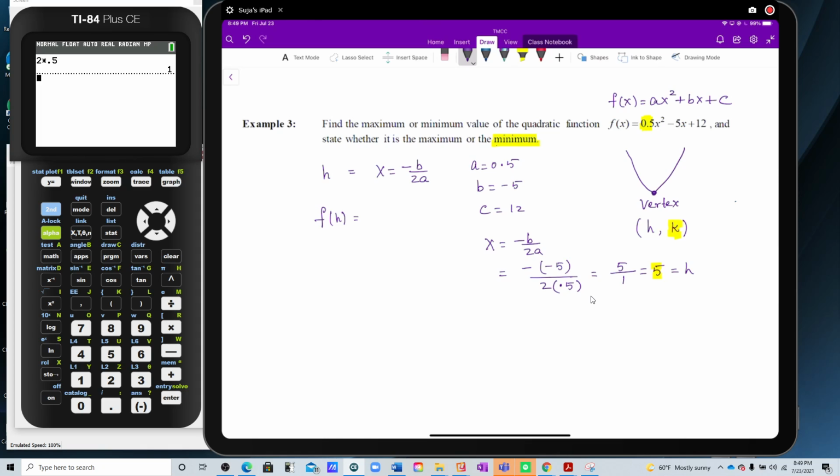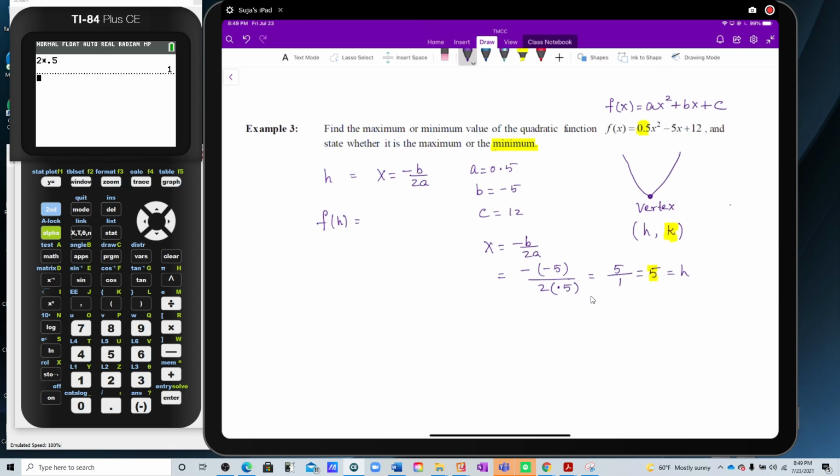If I plug it back into the function, f of 5 would be 0.5 times 5 squared minus 5 times 5 plus 12.